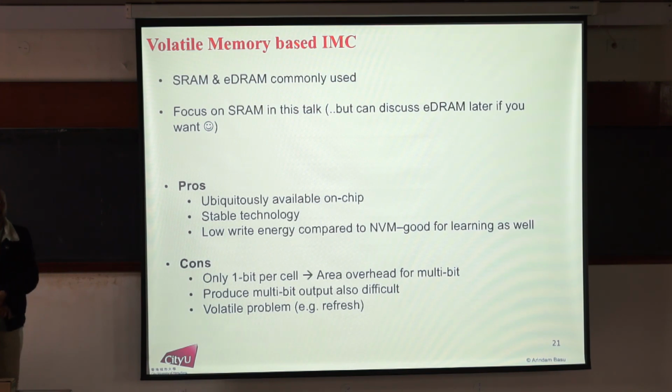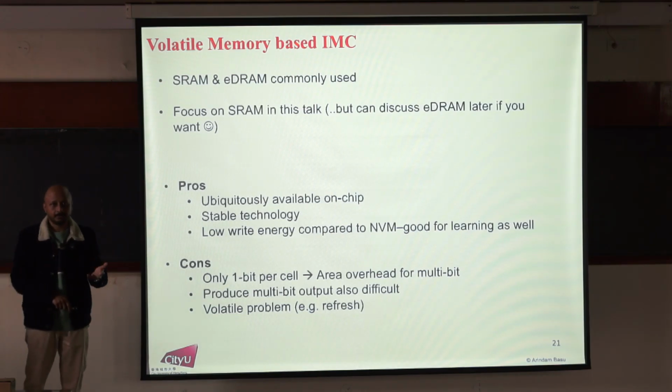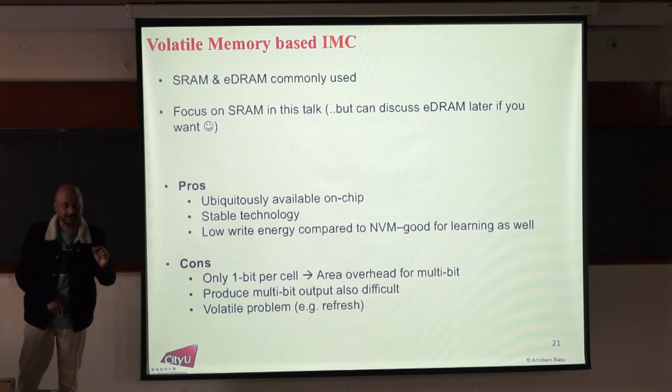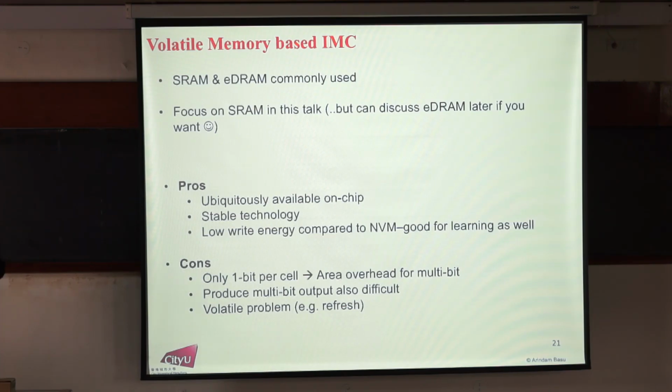So if you are doing learning systems, potentially SRAMs might be better because you can keep on writing to them. The non-volatile devices have larger energy, and there's also something called endurance. They can stop working, cannot be programmed after a certain number of cycles. The cycle number is long, but still, it's an important thing to keep in mind.